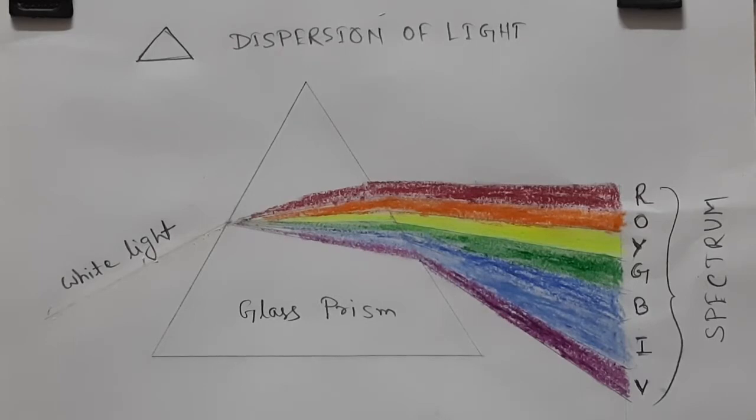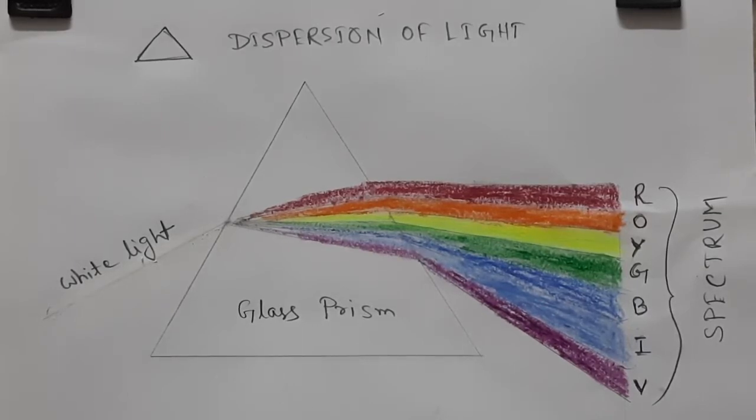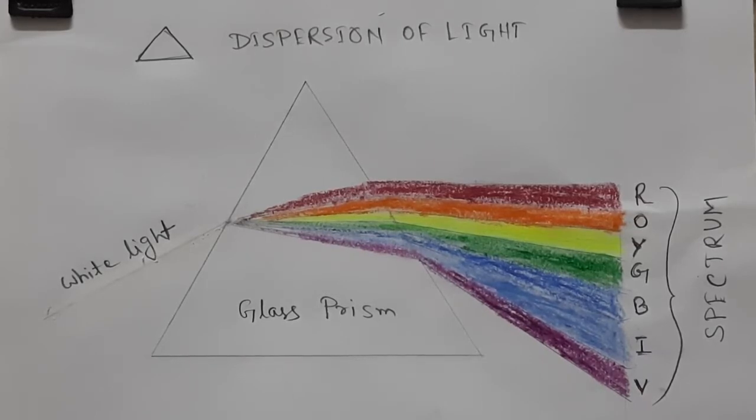From different experiments we got the information that red color has the maximum wavelength and violet color has the minimum, or shortest, wavelength.